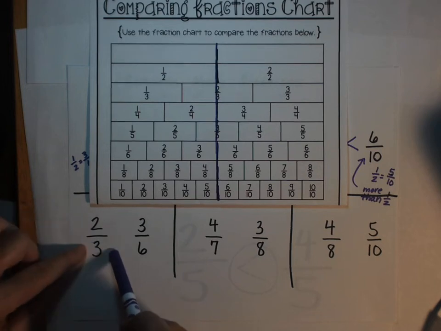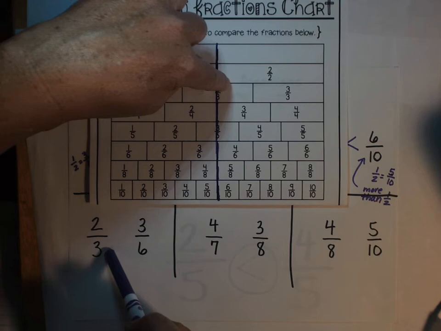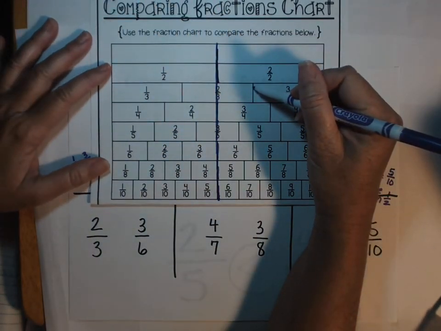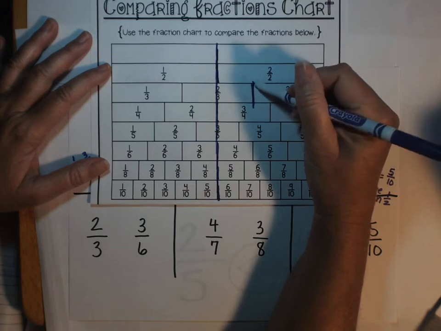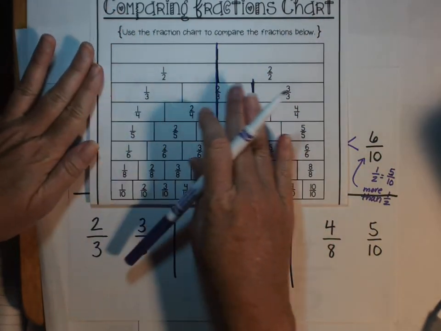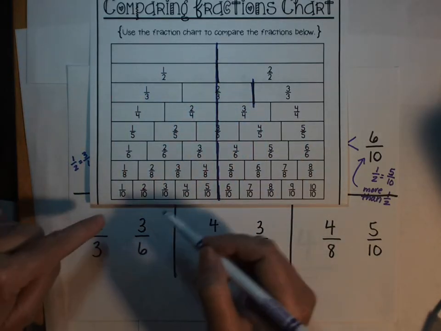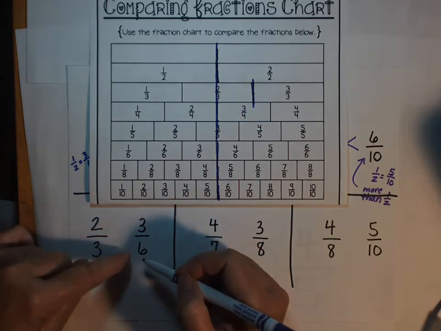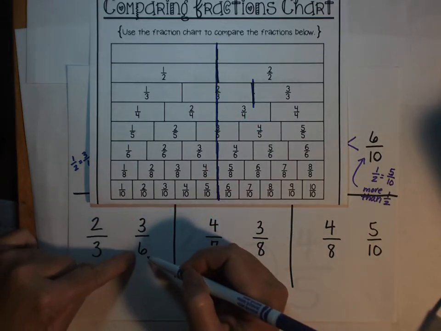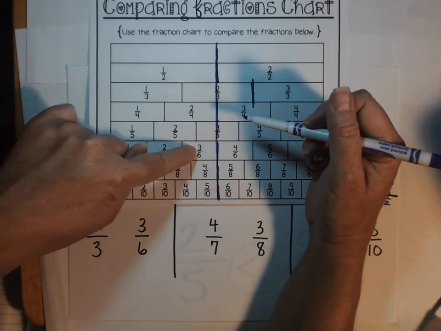So 2/3, so now I need to look at my thirds. Here's 1/3, here's 2/3. So 2/3 is over here. And I'll go ahead and draw on this. Now you probably don't want to be drawing on your chart, but I just want y'all to go ahead and see that. And then 2/3 is here, and then 3/6, oh, notice 3 is half of 6, so that's actually going to be exactly 1/6, 2/6, 3/6.